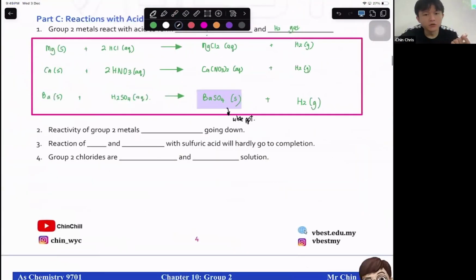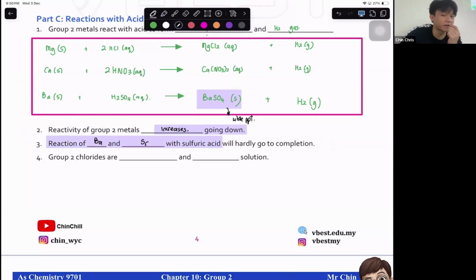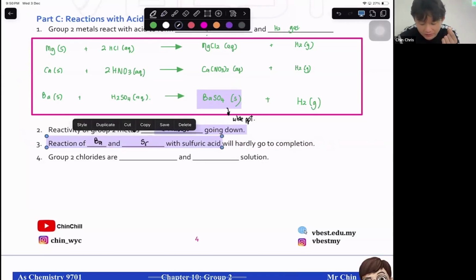Alright, guys, next. Reactivity of group 2 metals increases going down. Remember this: if I take a group 2 metal such as barium or strontium with sulfuric acid, it will hardly go to completion.